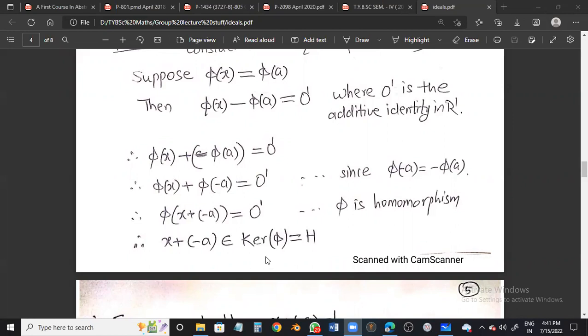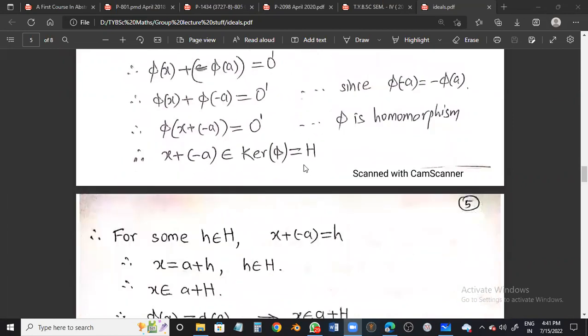And what is kernel of phi? It is H. Set is labeled as H. Now this belongs to H means what? It will be some member of this H. So for some small h belonging to capital H, this value will be equal to small h. Meaning thereby x is nothing but a plus h, where h belongs to capital H.